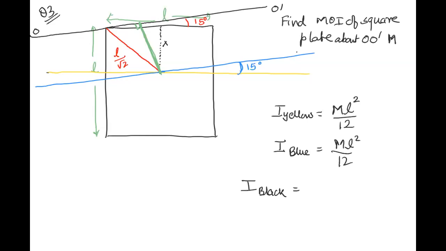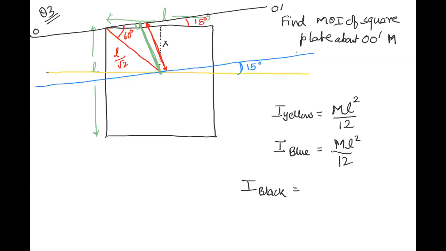Then the question why this was 15 degrees, it was 15 degrees so that this would become 60 degrees. Am I correct? This would become 60 degrees, 45 plus 15. Therefore, what is this length? The length कितना है? L by root 2 sin 60.